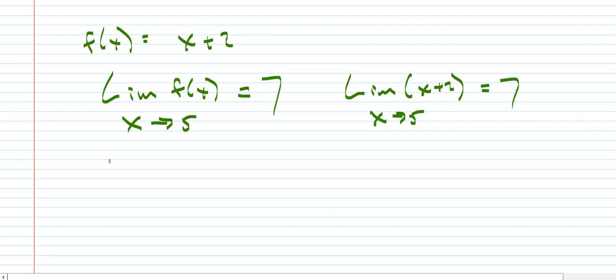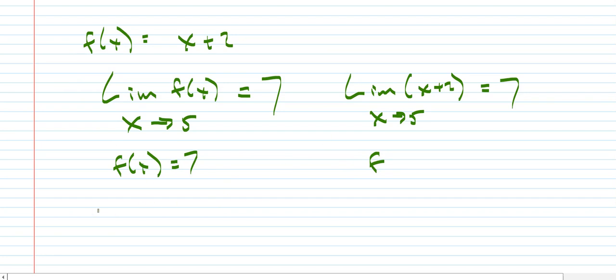All right. Now, in this particular case, the function value was also equal to 7. The function value was equal to 7, and the limit was equal to 7. They were the same.